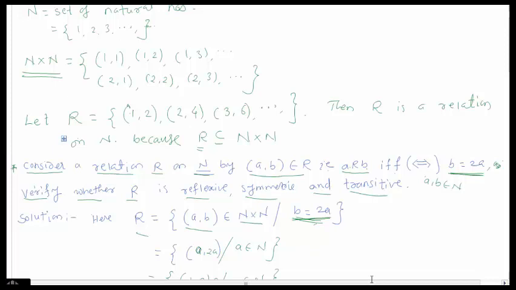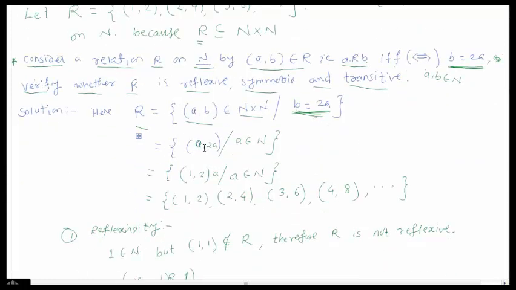There are infinitely many elements, so we can write R as all ordered pairs (a,b) in N cross N such that b equals 2a. Putting b equal to 2a, we get (a, 2a), where a is the only variable, and (a,b) in N cross N means a belongs to N and b belongs to N. So R is the set of (a, 2a) with a in N. For a equal to 1, 2, 3, 4 we get (1,2), (2,4), (3,6), (4,8).